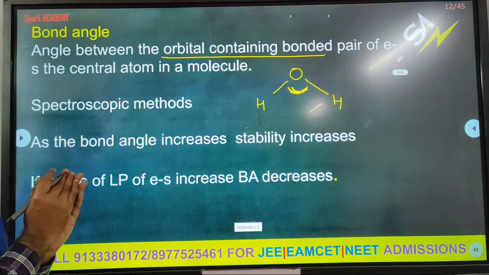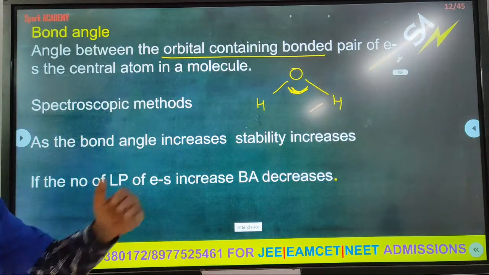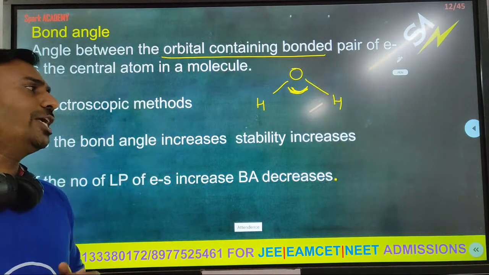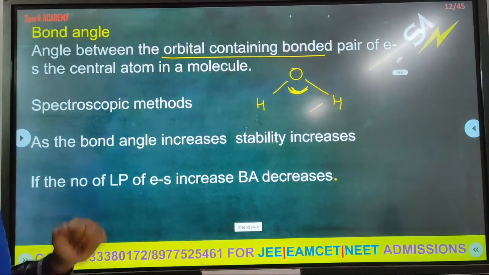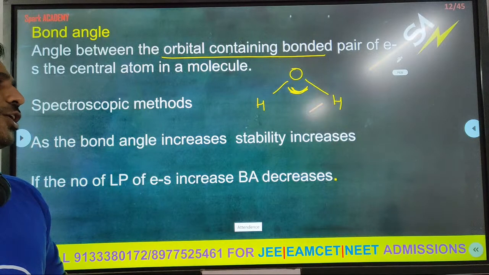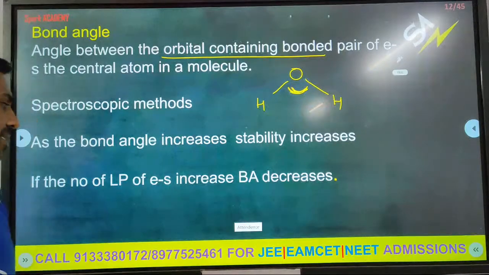As the bond angle increases, what about the stability of the molecule? For example, here we have one molecule. As the bond angle in the molecule increases, the stability also increases.